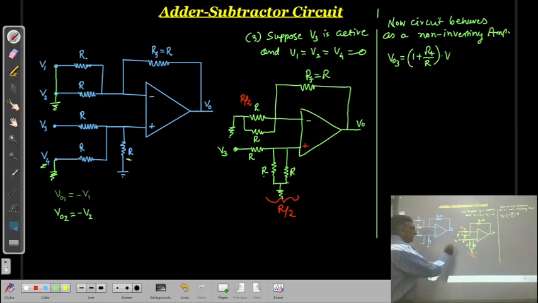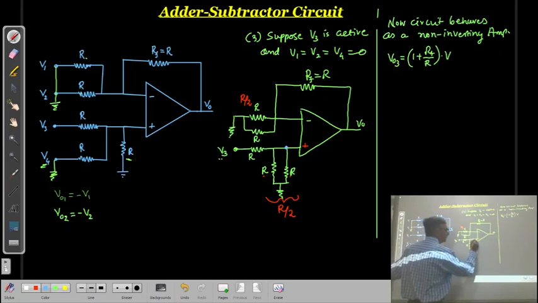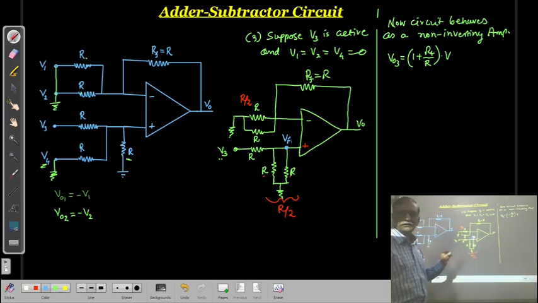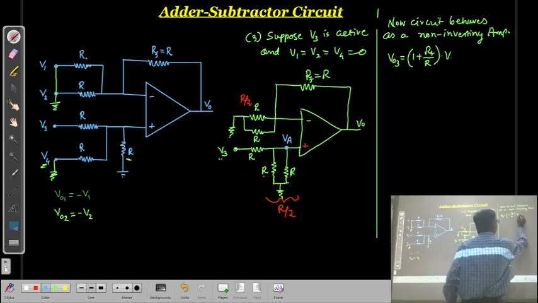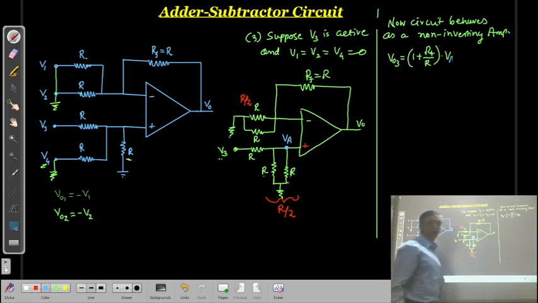That input voltage is not V3, but whatever voltage is present at this point, that voltage VA. For a non-inverting amplifier, we consider the potential at the non-inverting terminal. So here we have to write 1 plus RF by R into VA.